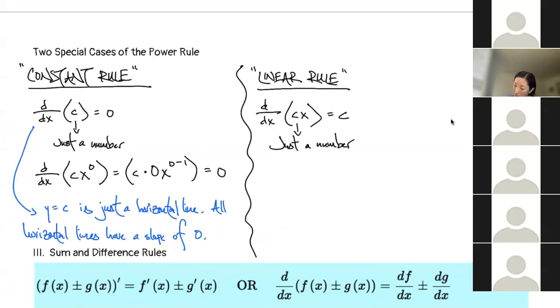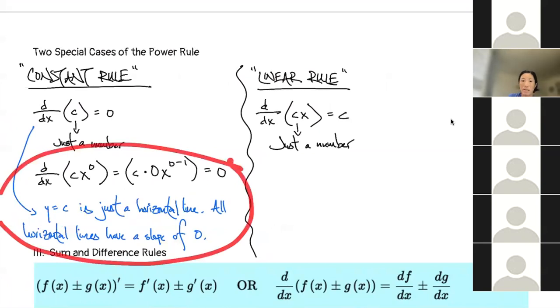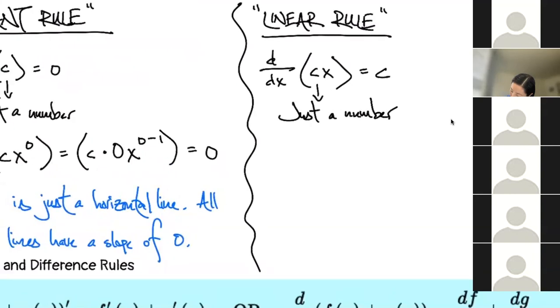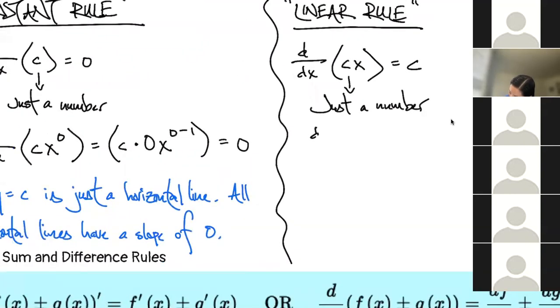But what I'd like to do is to write similar pieces for the linear rule that we did for the constant rule. So I have my d dx, C x to the, what's the invisible number that would be really helpful to write out here? Exactly. So this has a power of 1.